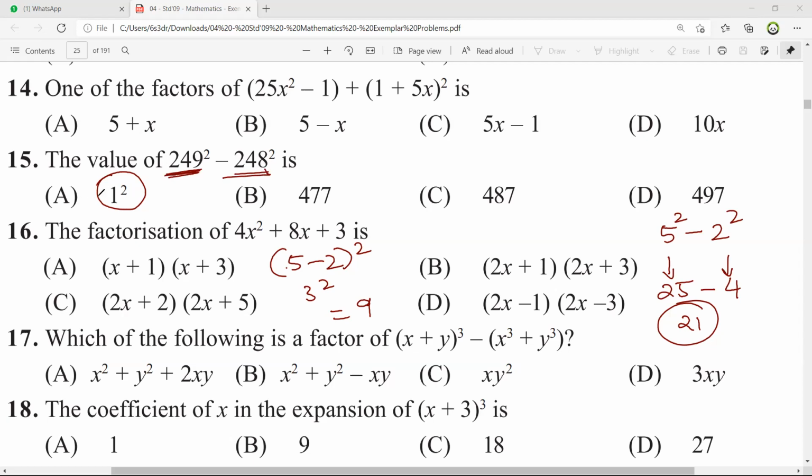So the first thing that you do instinctively is you say that it's option A, but it's not. Why? Because if it was 249 minus 248 whole squared, then this would have been equal to 1 squared.